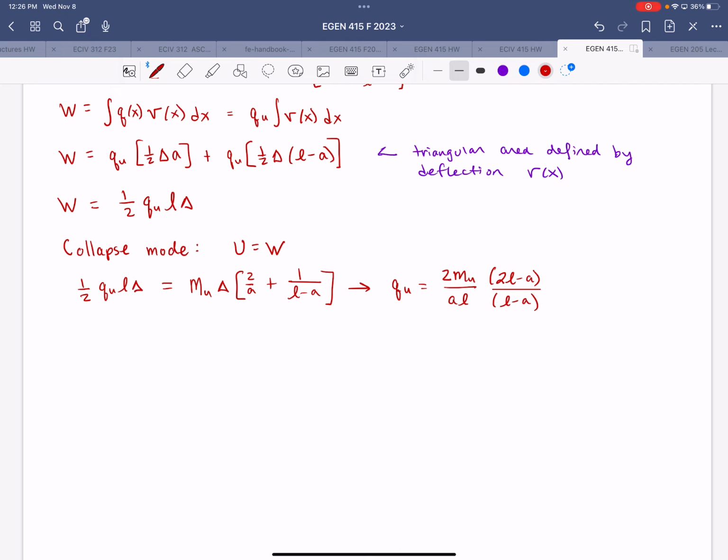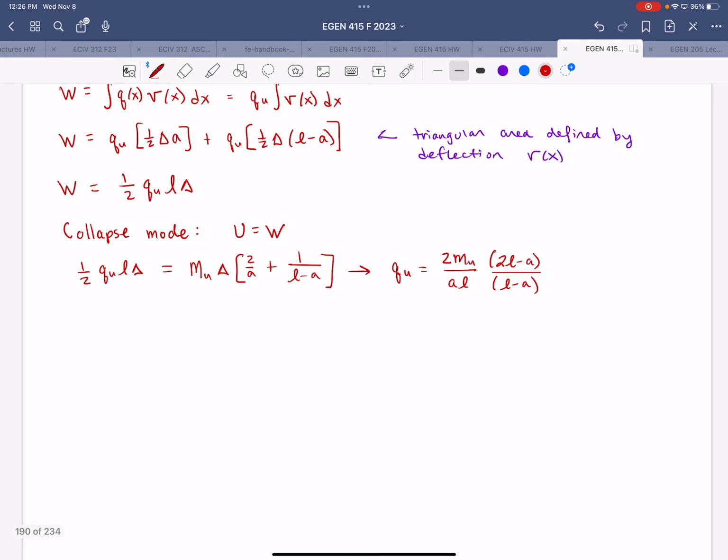Okay, so we still have two unknowns. We have right now QU in terms of A, but we don't know what A is. So in order to do that, we will find A, the location of the hinge, by taking the derivative of Q with respect to A and setting it equal to 0. So that would represent the minimum distributed load magnitude that would cause this collapse mode.